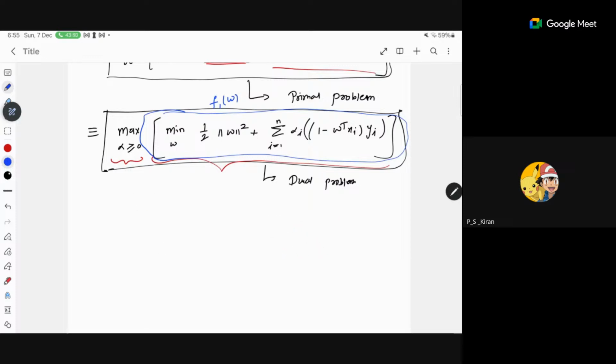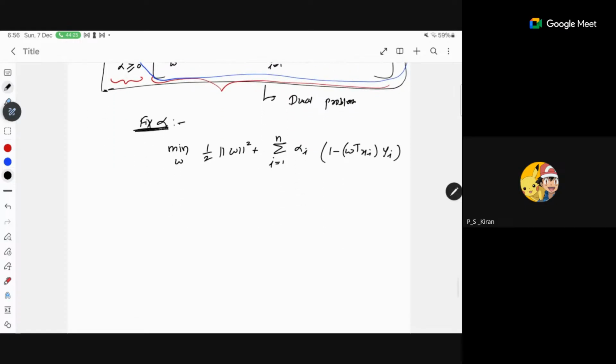So in general, how can we do that? Let us fix some alpha, and for every alpha, which problem are we trying to solve? Minimize over W half W squared plus summation of i equal to 1 to n alpha i times 1 minus W transpose xi. For a particular alpha, we are going to solve this, and how to solve this?